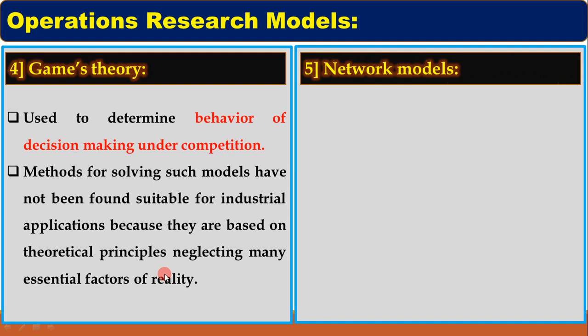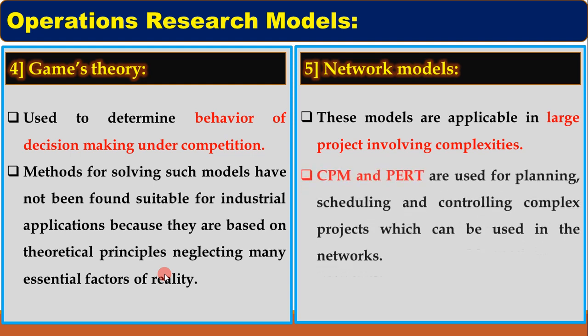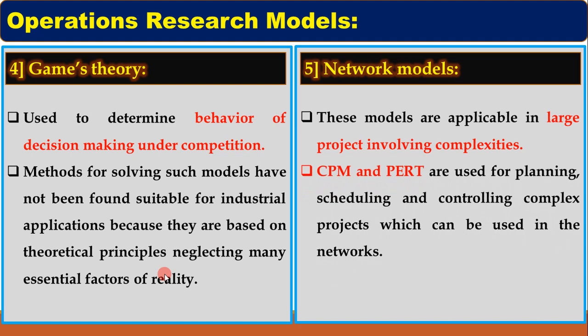The next model is network models. This model is applicable in large projects involving complexities, and very popular techniques, that is CPM and PERT, are used in planning, scheduling and controlling complex projects which can be used in the networks. So these two techniques are very important techniques.